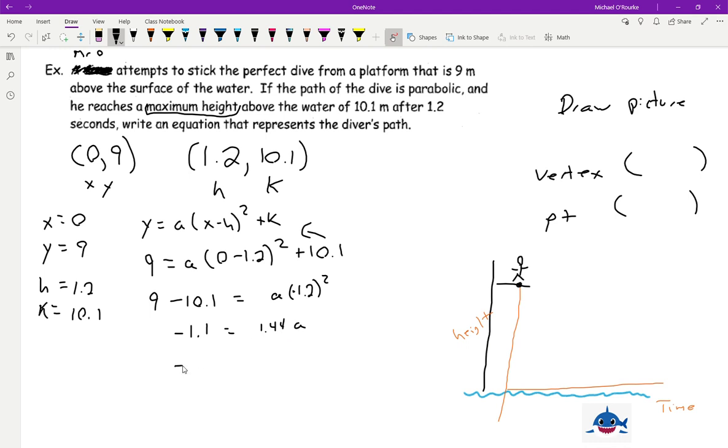Then we're going to move it over and it will be a divide. 0.76. That's a negative. So therefore our, oops, I should have drawn my little diagram.